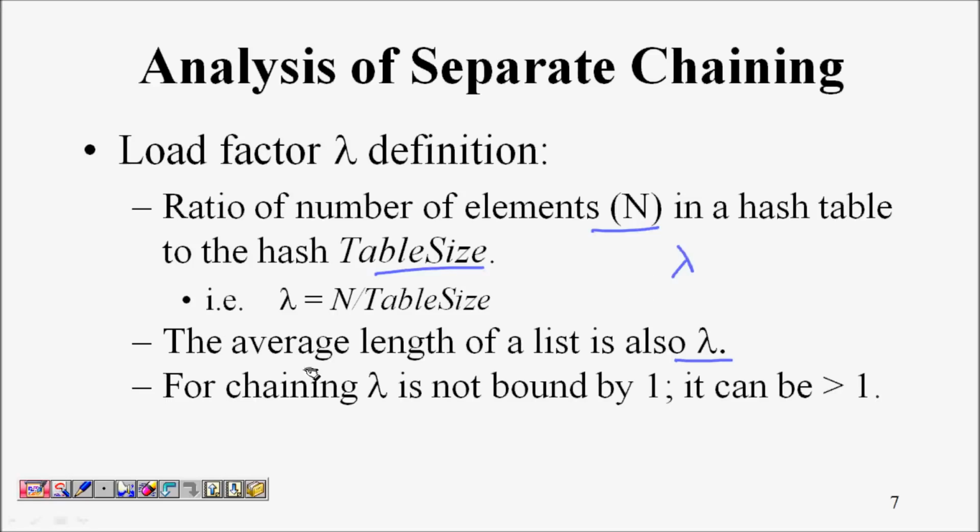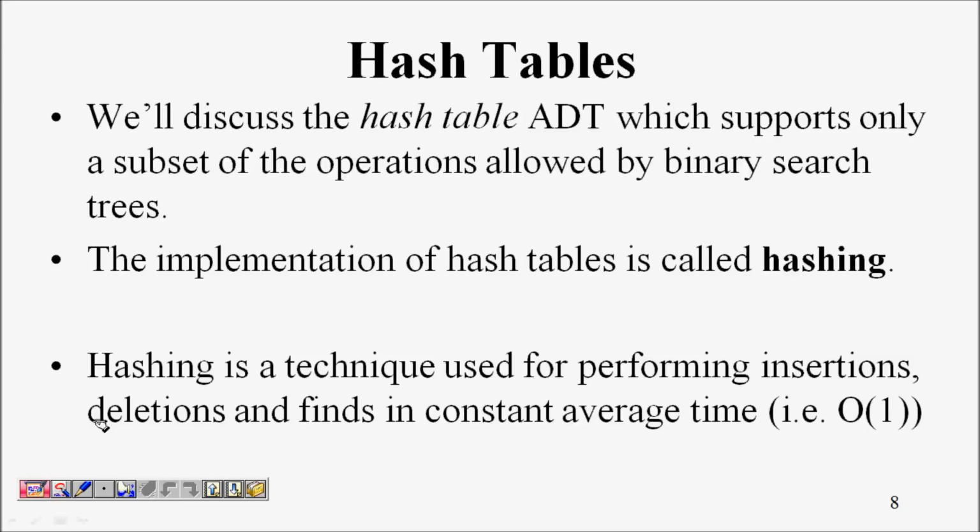Of course, for chaining it can become greater than 1, isn't it? For example, if your hash size is just 10 and I have 100 elements, then for random inputs, on average you can assume each linked list to have 10 elements.